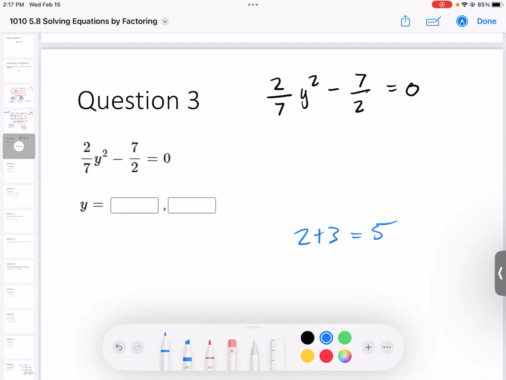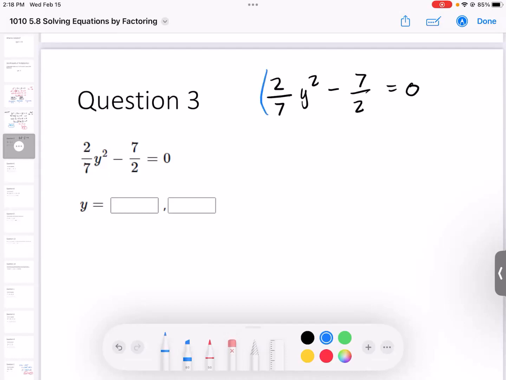But if you don't have this part, you can't just randomly add something or multiply something to it. So the only time you can multiply to get rid of fractions is if it's in an equation. Well, for the first time since we've been working with polynomials, we now have an equation, which means we can multiply by 14 to get rid of these fractions.